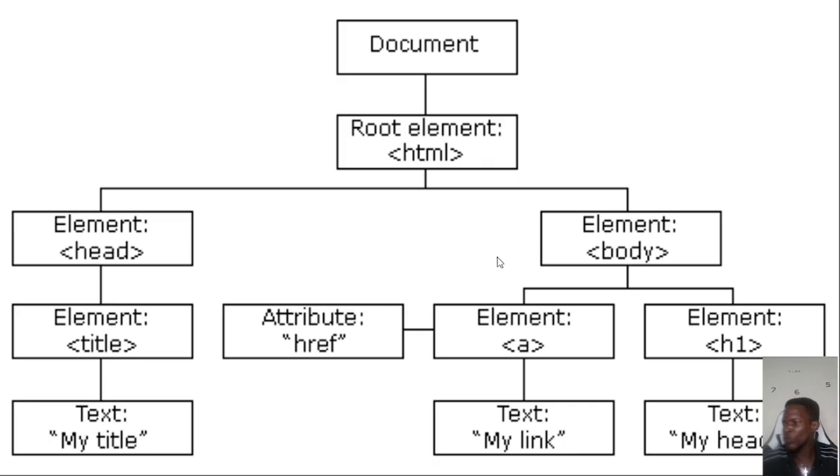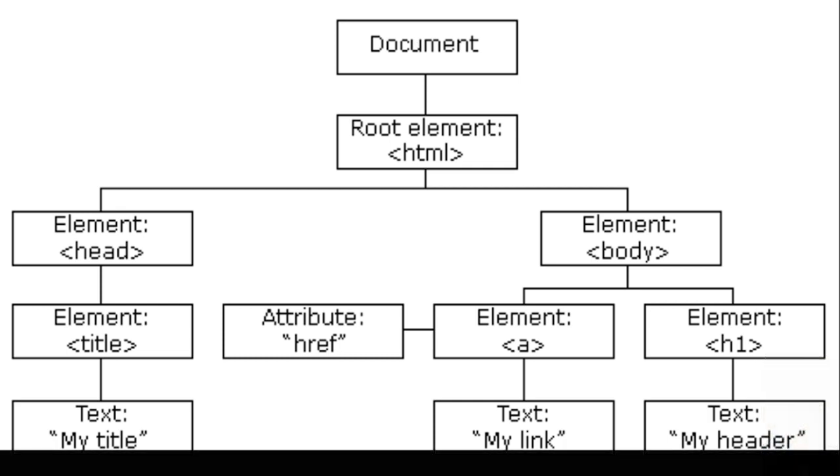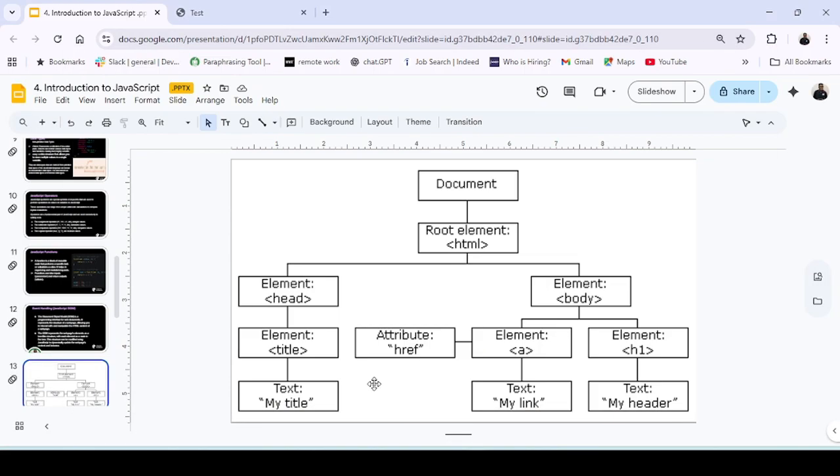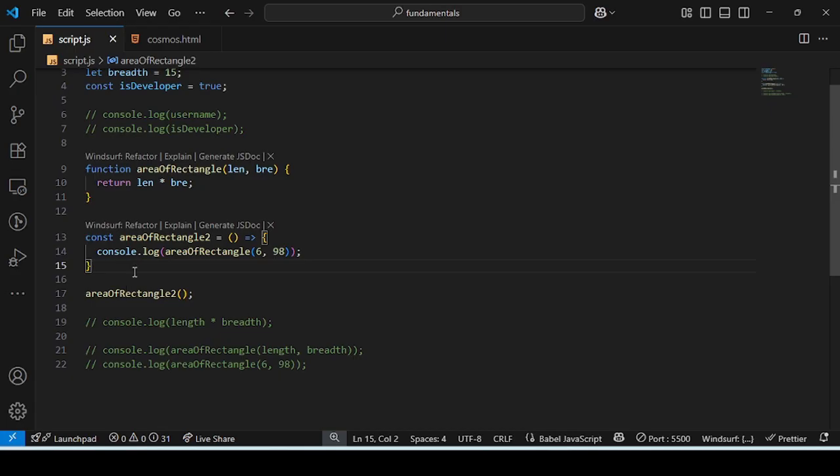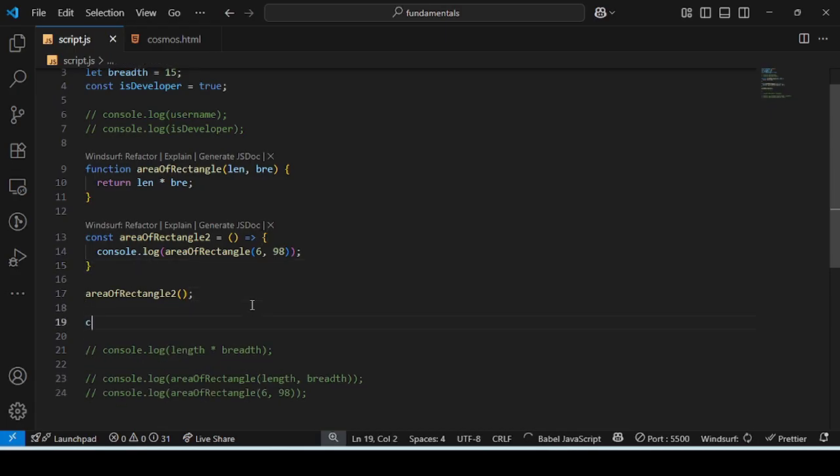So for example, let's go to our playground a little bit. Let's just console.log document and see what comes up.